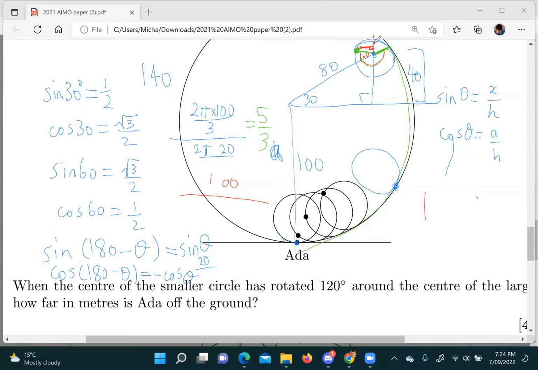But what if the tangent was like here? Then it would be slanted, the height. And from here, 240 degrees is like here.